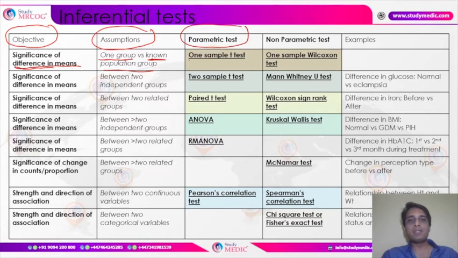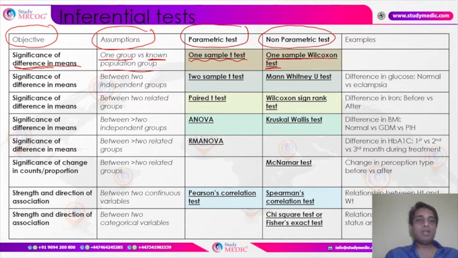Here the parametric test is the one sample t-test. If it fails to meet certain assumptions and the population is not normally distributed, then we use the non-parametric equivalent. Here the non-parametric equivalent of the one sample t-test is the one sample Wilcoxon test.